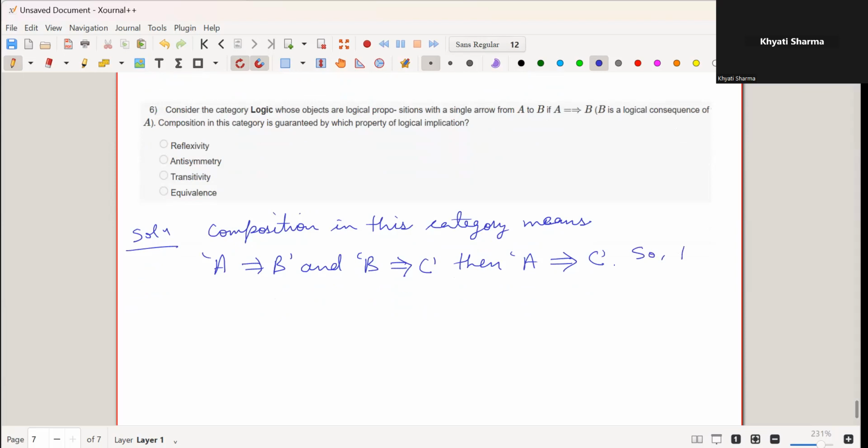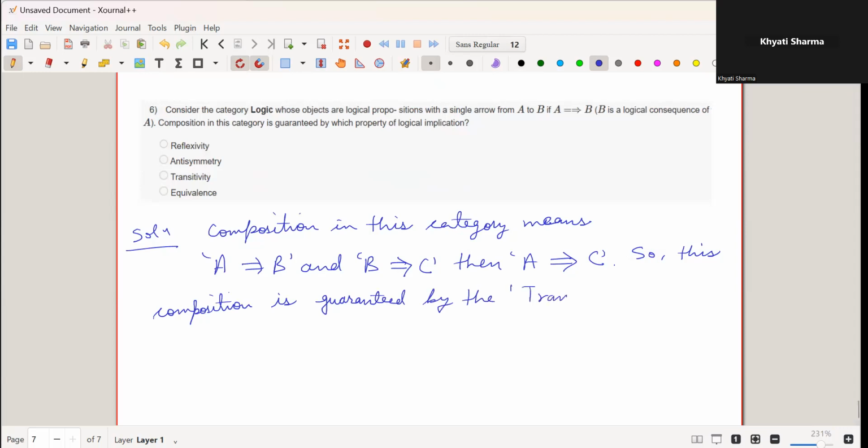So this composition is guaranteed by the transitivity.